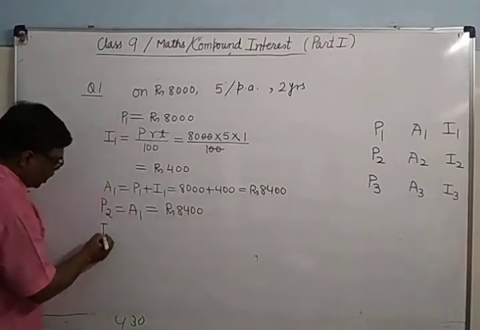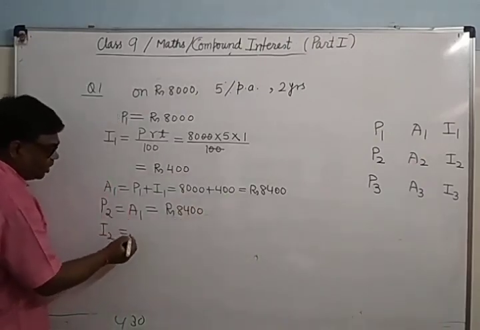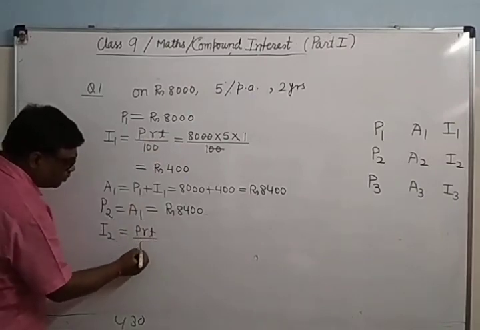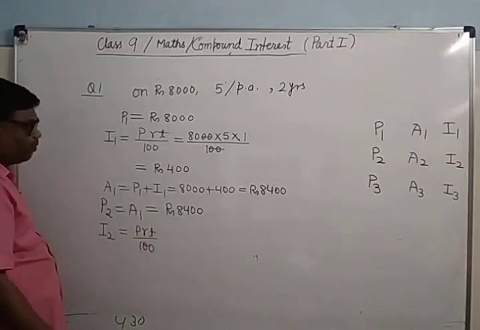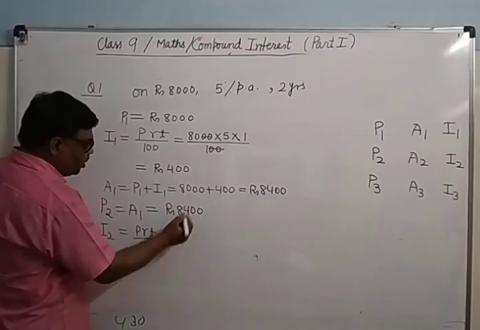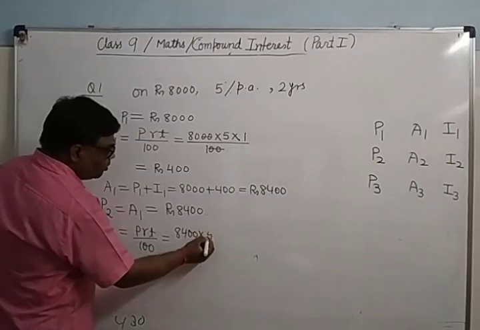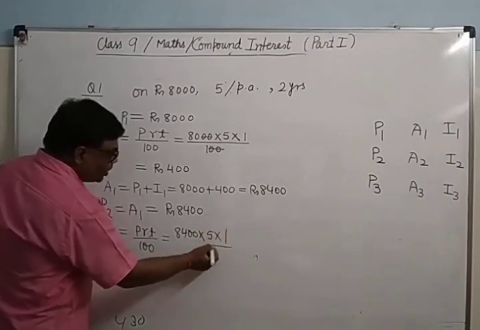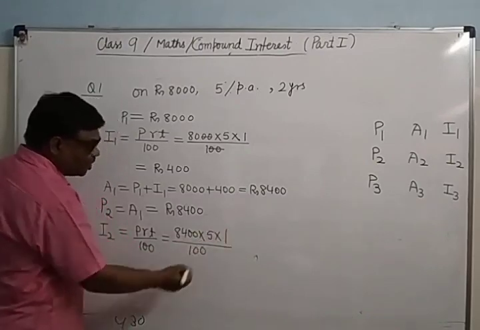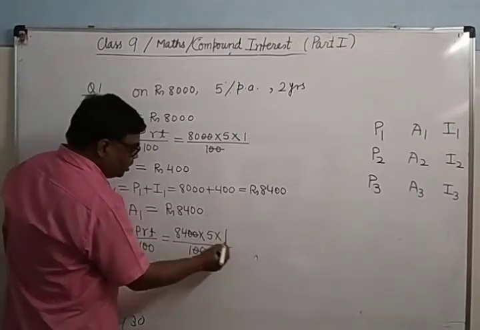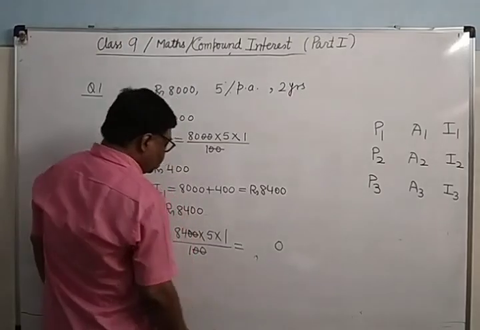So what will be I2, the interest of second year? Once again we will calculate using the same formula. But now P will be equal to what? 8,400. Rate is 5. Time is once again 1, because the second year means 1 year. So it will be cancelled.